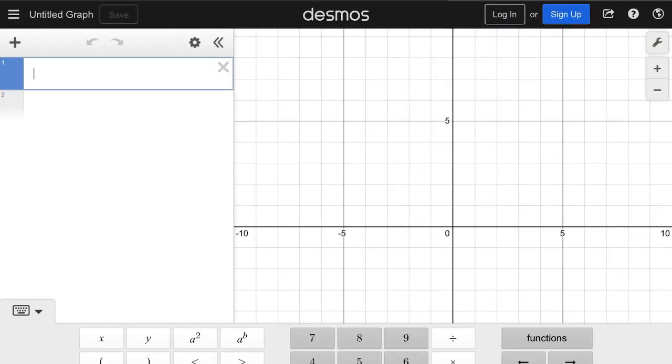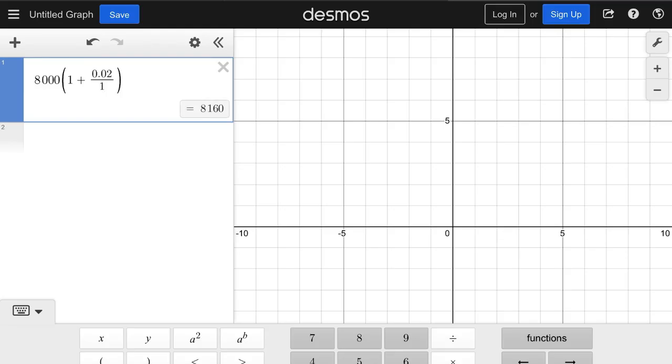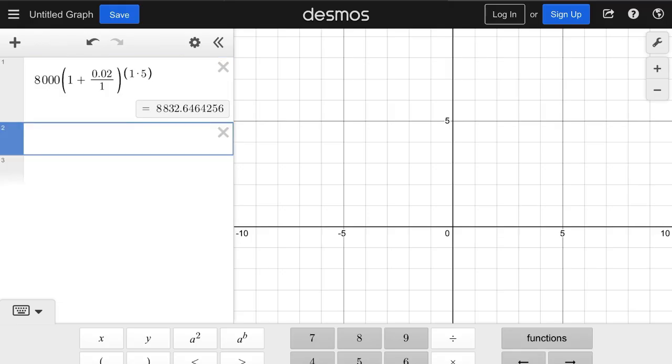I'm going to demonstrate this in Desmos, but you can do this on a handheld calculator as well. 8,000, open a parenthesis, 1 plus 0.02 over 1, get out of the fraction, close the parenthesis, raise to the power of 1 times 5. On Desmos you need parentheses on the power to put an operation in it.